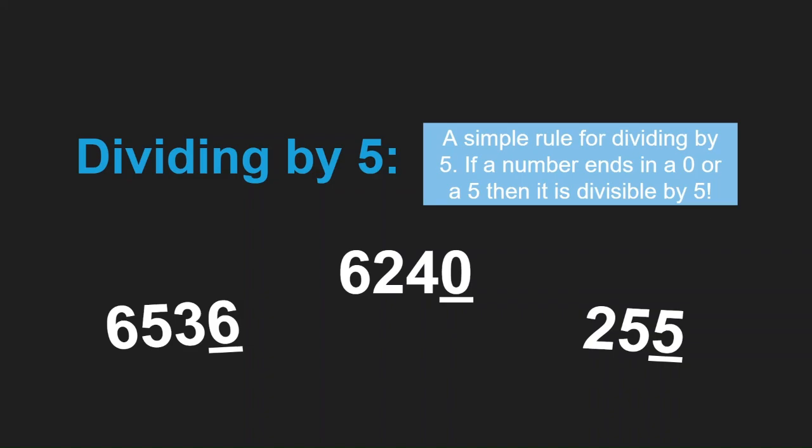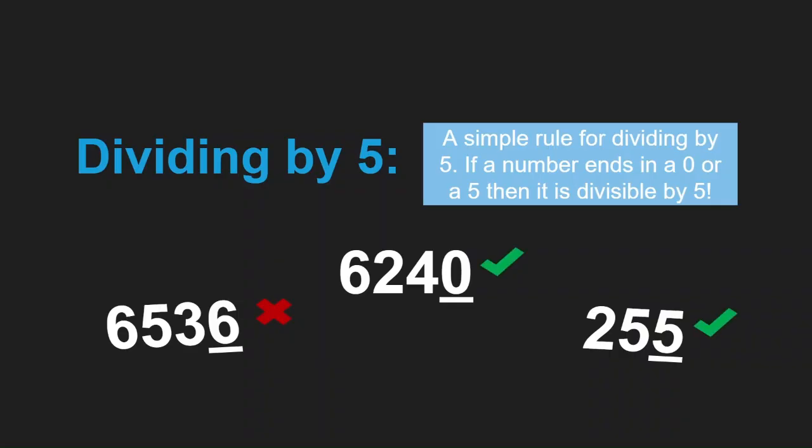That is not divisible by 5. 6,240, that last digit is a 0, right? That follows our rule, 0. So this is divisible by 5. 255, that last digit is a 5. So this is also divisible by 5.